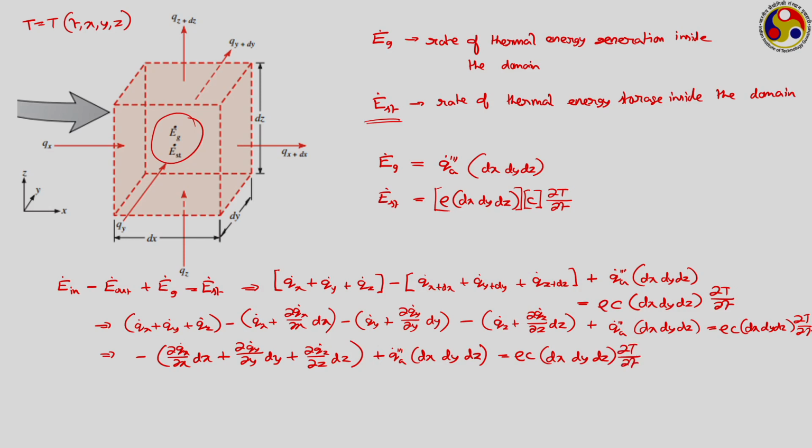So, here we have done an energy balance over this infinitesimally small control volume that we are considering, subjected only to conduction heat transfer, and from there we have got some intermediate expression.